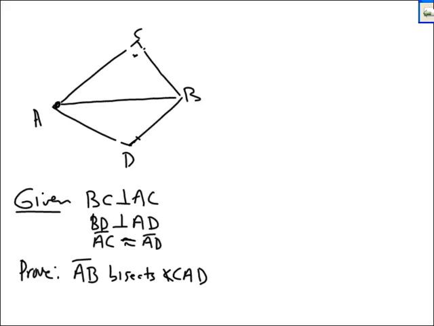Well, CAD is this big angle here. So if something bisects it, it cuts it into two equal parts. And once I can show that angle 1 and angle 2 are equal, I am done. Well, I see a big triangle on top, and I see a big triangle on the bottom.